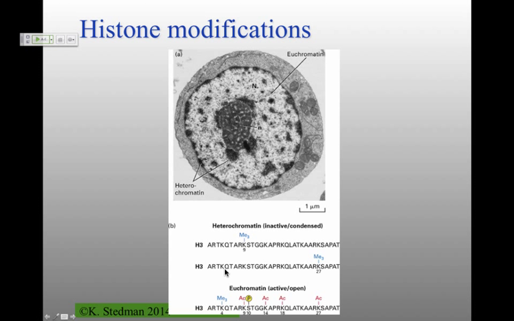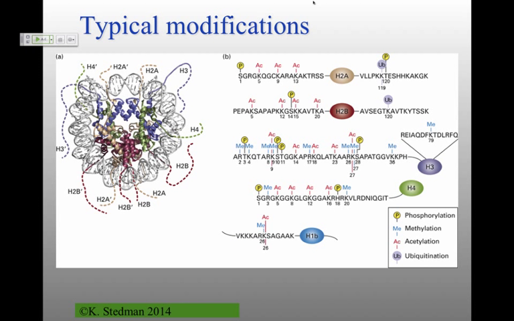So these are just some of the modifications that you find, particularly if you purify histones from either heterochromatin or euchromatin. But it turns out that these are only a very few of the modifications that you can get. If you look at all of the core histones, and again, these are the tails of the core histones, here's the N-terminal tail of histone H2A, with a number of potential modifications. These are potential modifications.